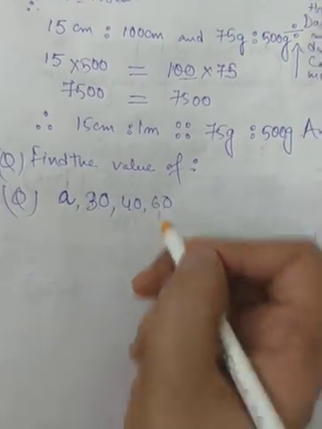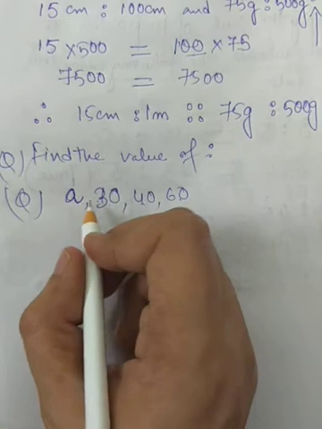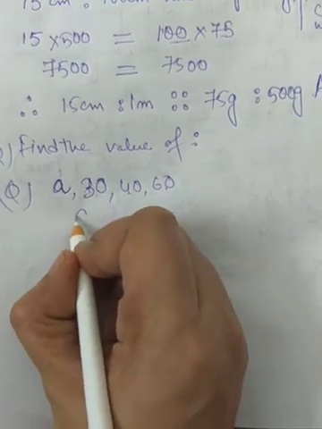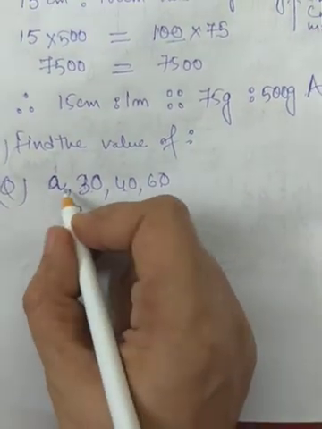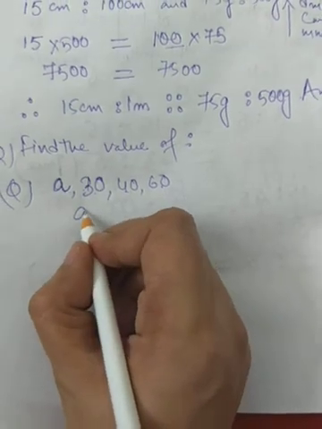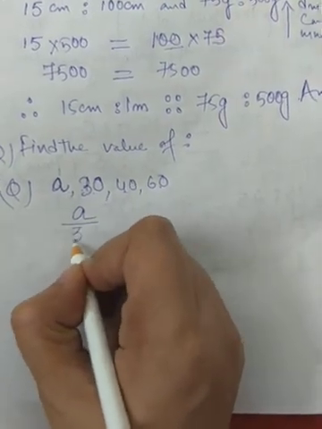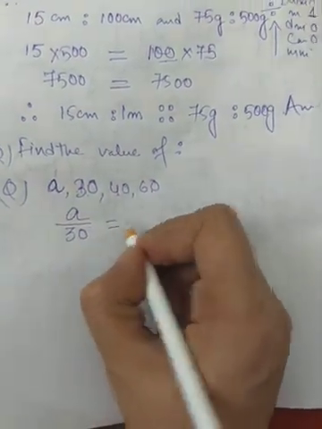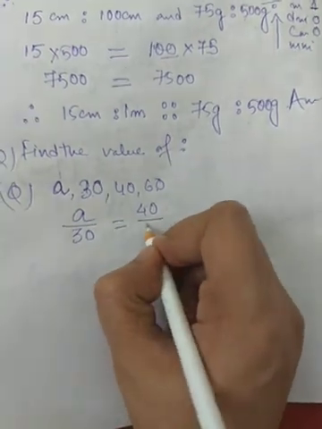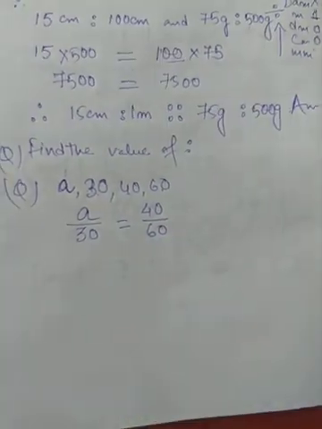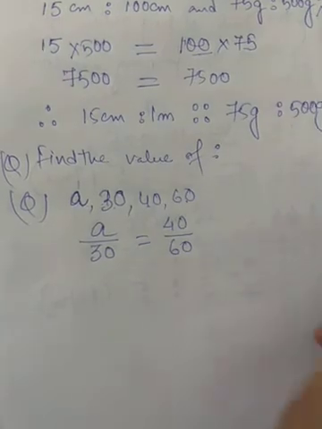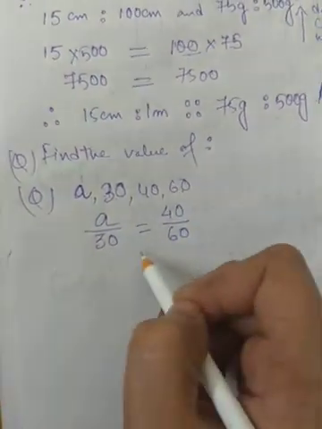So here also we will do that only. We will write in the divided form. So this is A, 30. So A divided by 30 equal to 40 divided by 60. Clear? It should be written in this form.